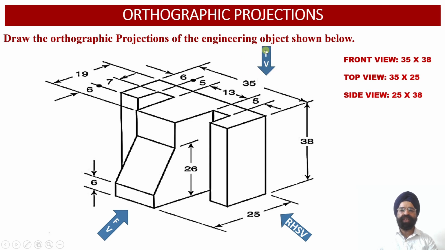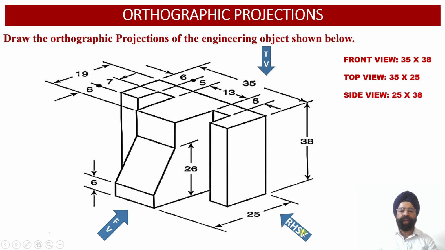Now when we look at the solid from the top, we observe that the width of the solid will be equal to 35 millimeter, while the depth of the solid is equal to 25 millimeter. So the top view face of the solid will have the dimensions 35 millimeter by 25 millimeter.